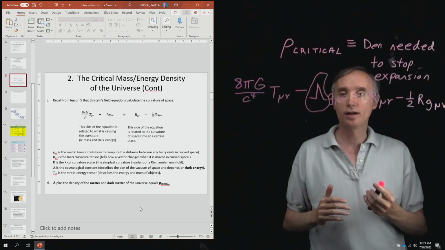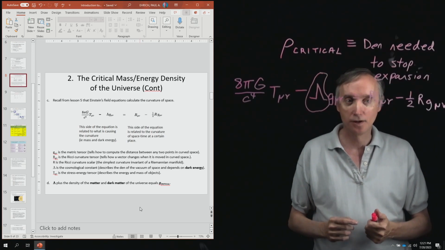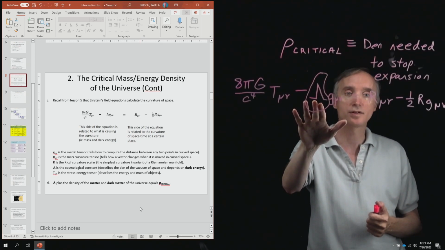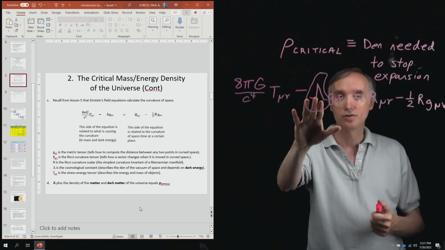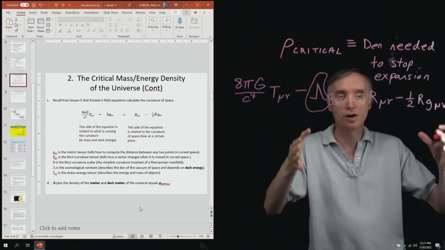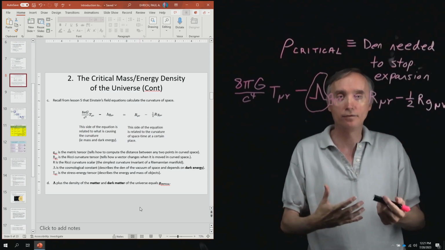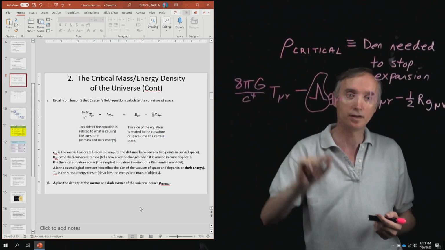Well, even when Albert Einstein was making a mistake, he was doing the right thing, because it turns out that this thing here is going to be related to dark energy. Mass causes the universe to collapse because of gravity, and that's this term right over here because it's got the big G in it.